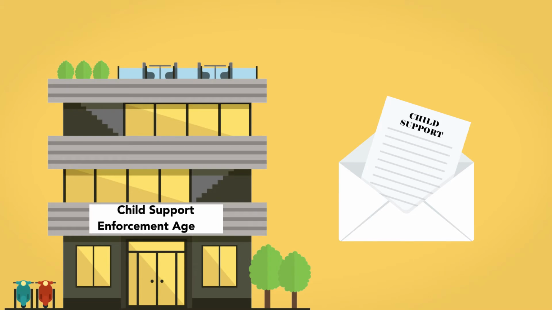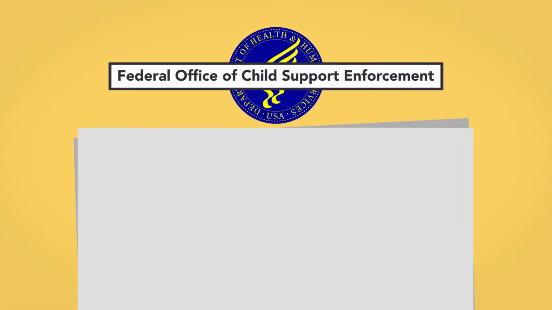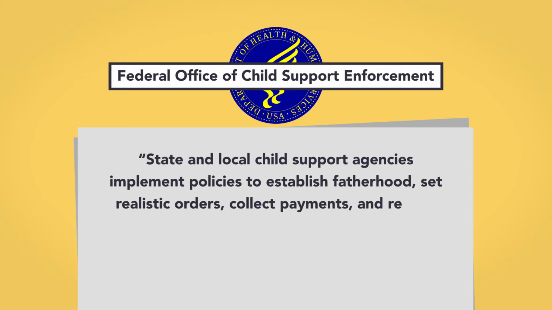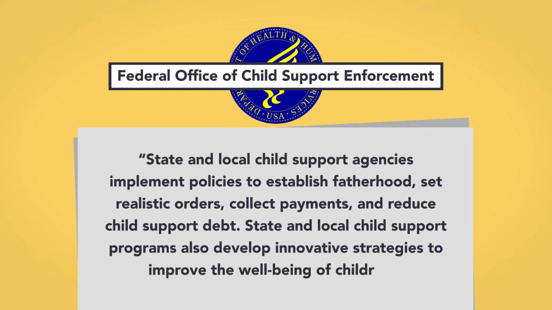According to the Federal Office of Child Support Enforcement, state and local child support agencies implement policies to establish fatherhood, set realistic orders, collect payments, and reduce child support debt. State and local child support programs also develop innovative strategies to improve the well-being of children.